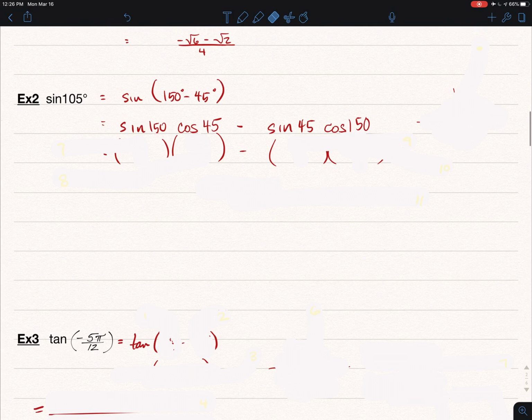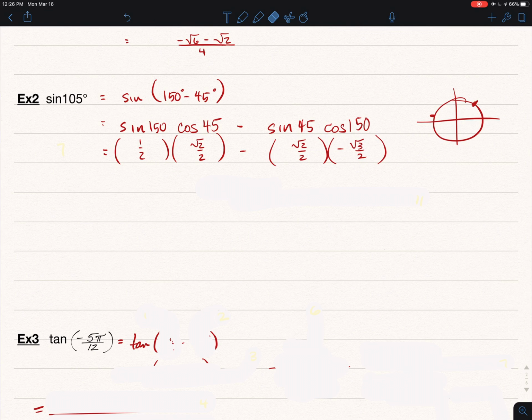We're going to need our unit circle positions for these. So I have both of my positions marked. Sine of 150 is going to be 1/2. Cosine of 45 is root 2 over 2. Sine of 45 is root 2 over 2. And the cosine of 150 is negative root 3 over 2. Multiply, and you get root 2 plus root 6 all over 4.